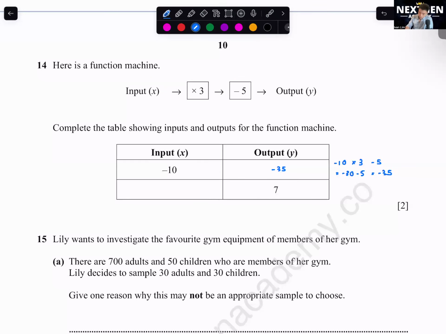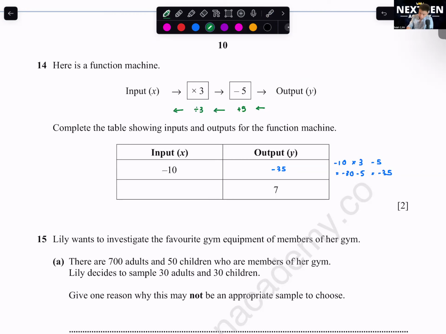Okay, the next one. If they give us the output, remember, if you want to go from output to input, everything will be reversed. Or we call it inverse. This is called an inverse function. So minus 5 will become plus 5, times 3 will become divided by 3.